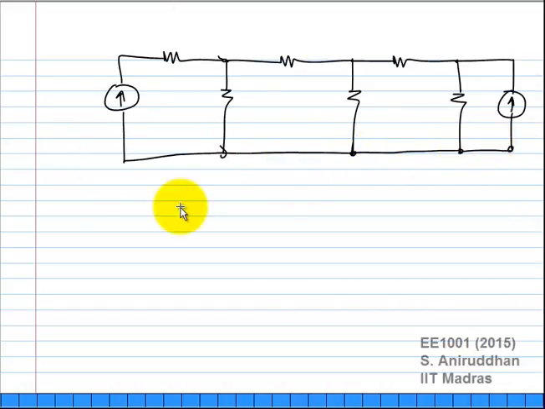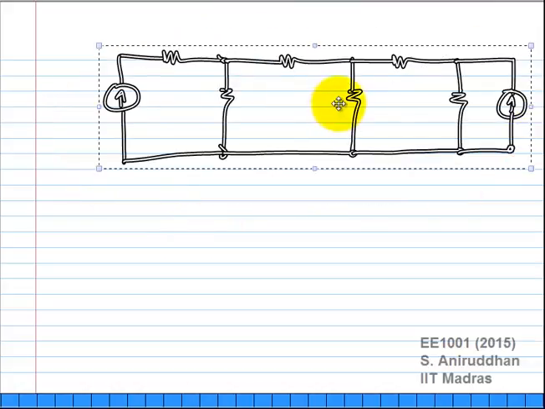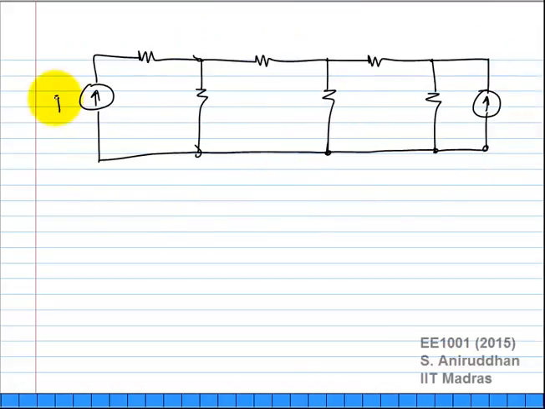So let us say I take this network. I1 and I2, and I have, so now I'll start off by naming the nodes. How many nodes do I have in this circuit?